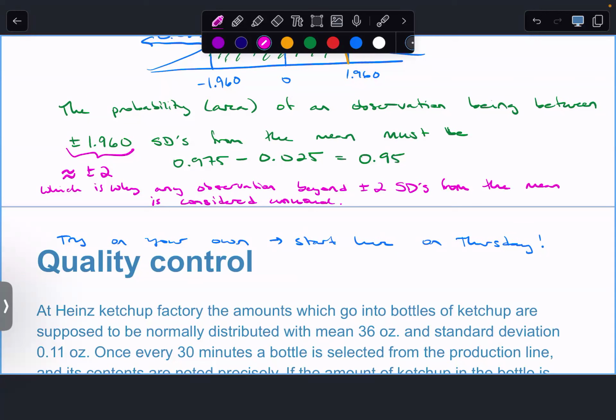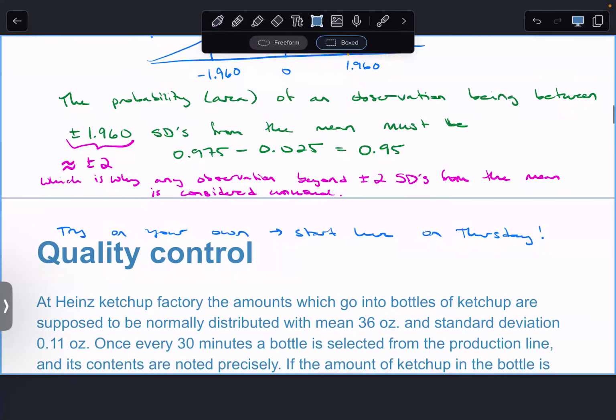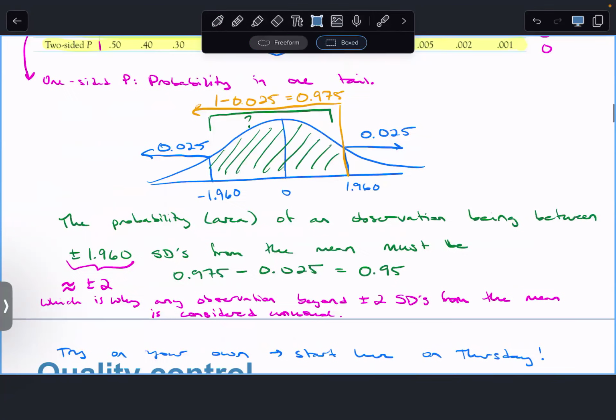We've covered most of our outcomes within 2 standard deviations. So that part is not reviewed, but it is kind of building on just using those areas in the table.